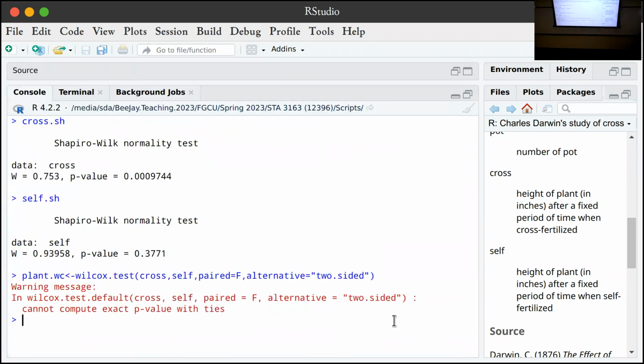Okay. Something very important. What does it say here? "Cannot compute exact p-value with ties." Ties. I mentioned that as far as this class is concerned, I'm not going to put an example that has ties because it will make the calculations extremely complicated.